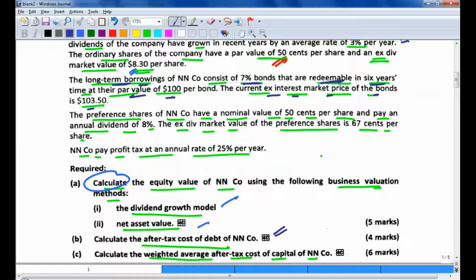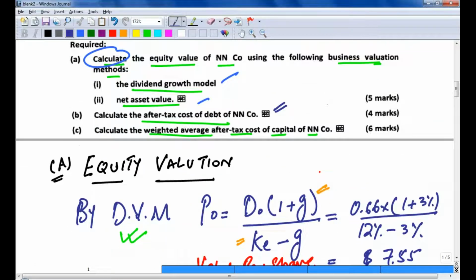If after-tax KD is particularly mentioned, it does not mean the preference shares. We will consider preference shares as debts with the C part, the WACC. But here the cost of debt after tax is particularly about the long-term borrowing, which is the bonds.